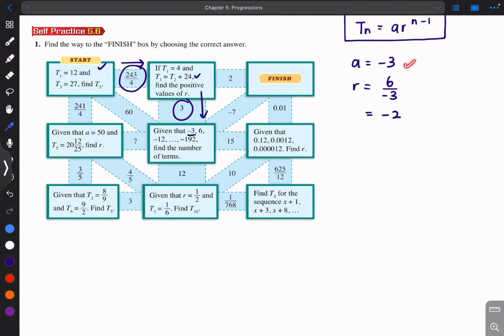So now that we have a, we have r. We can find the nth term. So we can say Tn is negative 192. So Tn is ar^(n-1) is negative 192. And we know the values of a and r. a is negative 3, r is negative 2.